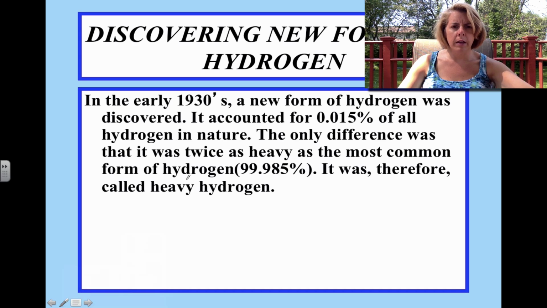Dalton had said that for all elements, there has to be the same type of atom for each element. So this was amazing to them. They thought, how could this be? And the weird thing is, only 0.015% of the hydrogen was this new form of hydrogen.